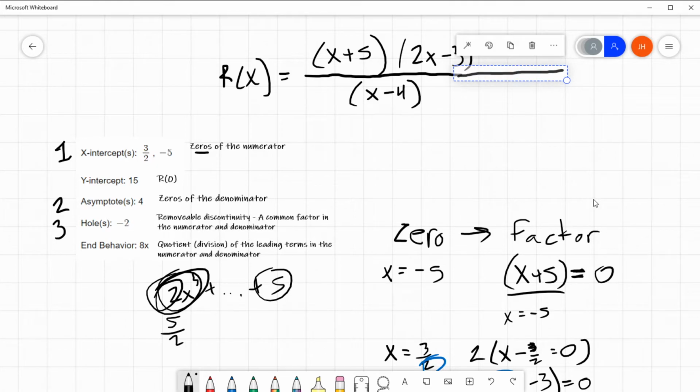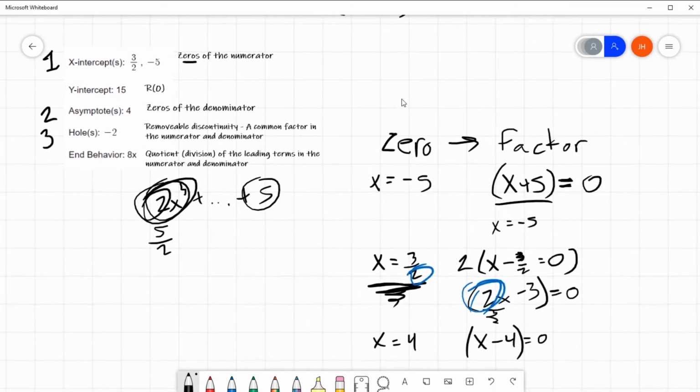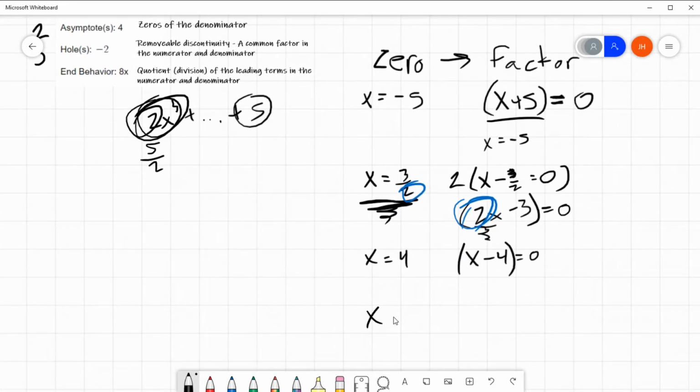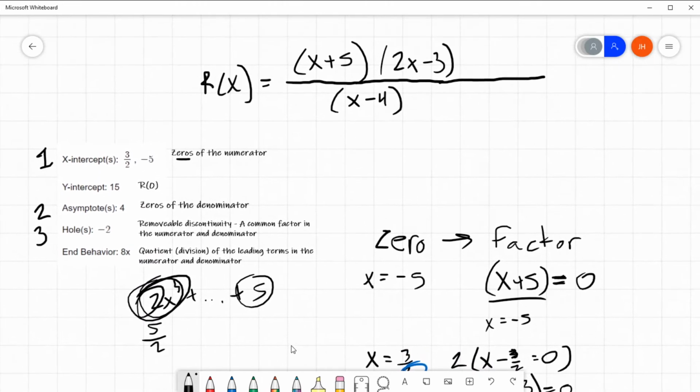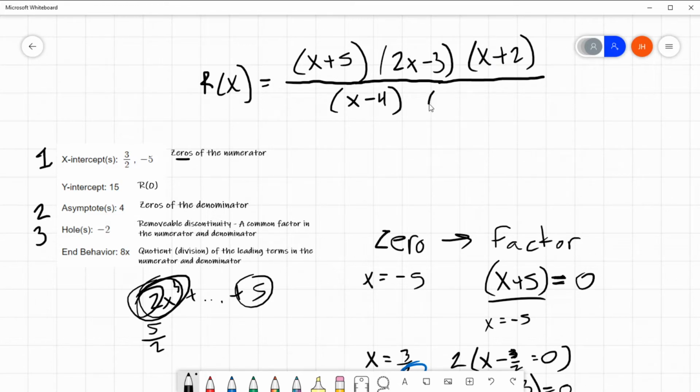If the hole is at -2, then that would be like this guy here, x equals -2. How do I get it equals 0? I add 2 to both sides, so I get x plus 2 equals 0. So the factor is x plus 2. We said if it's a hole, then it should be on the numerator and the denominator. So I would have an x plus 2 up top and an x plus 2 down below, creating that removable discontinuity.